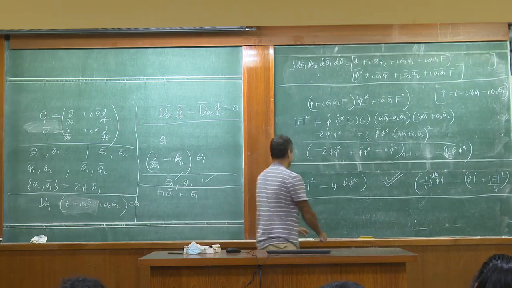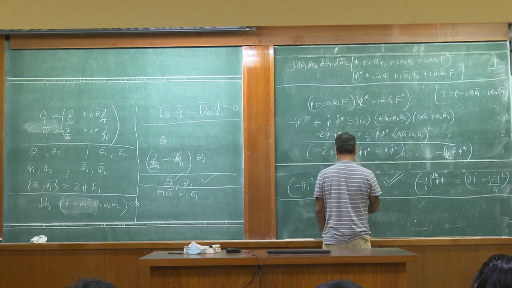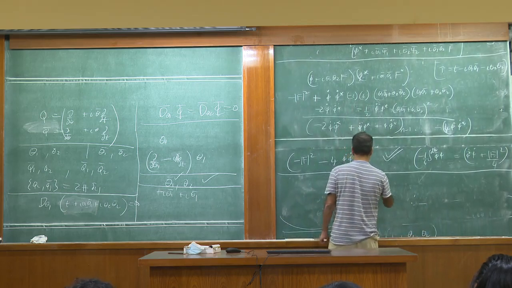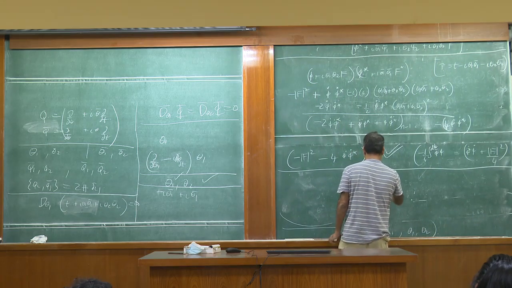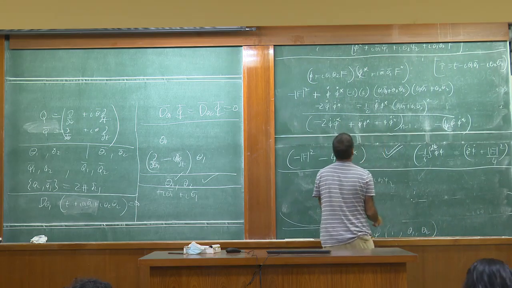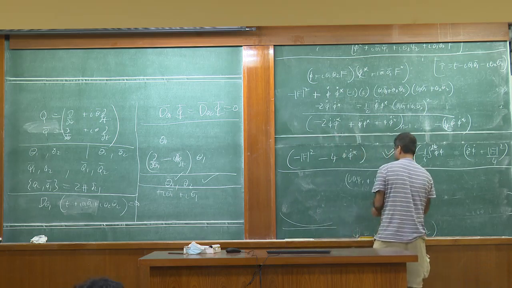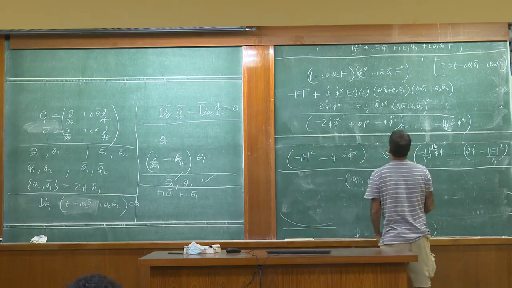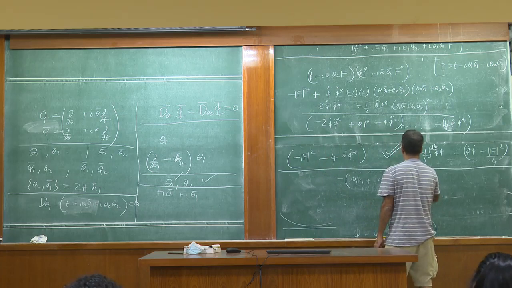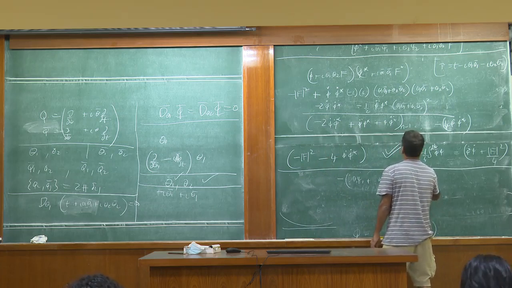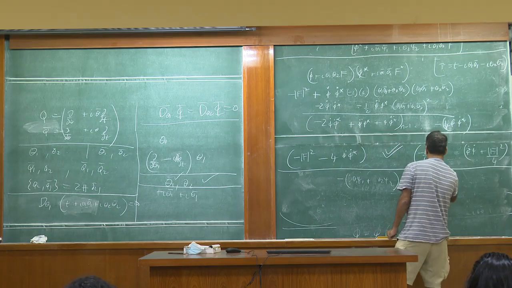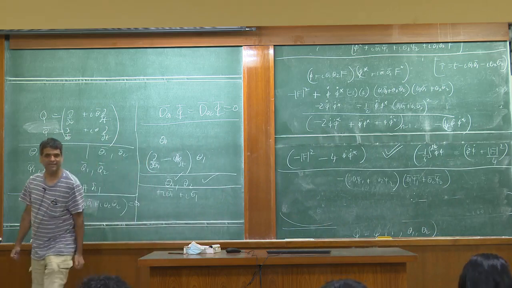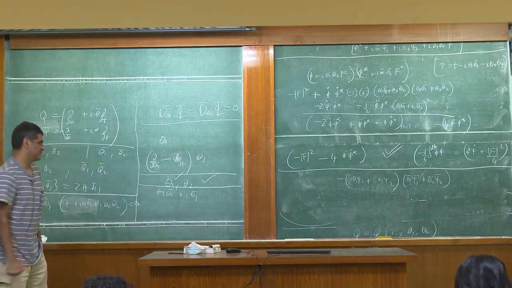What we've got to do is to take i theta psi 1 plus theta 1 psi 1 plus i theta 2 psi 2, into, now i squared is minus 1, so we get minus (theta 1 psi 1 plus theta 2 psi 2) into (theta 1 bar psi 1 bar plus theta 2 bar psi 2 bar). And we have to take d4 theta of that.